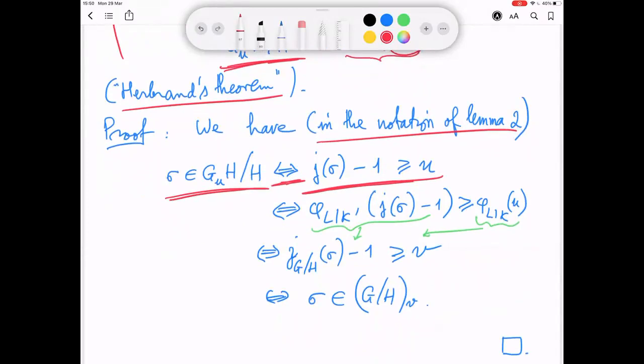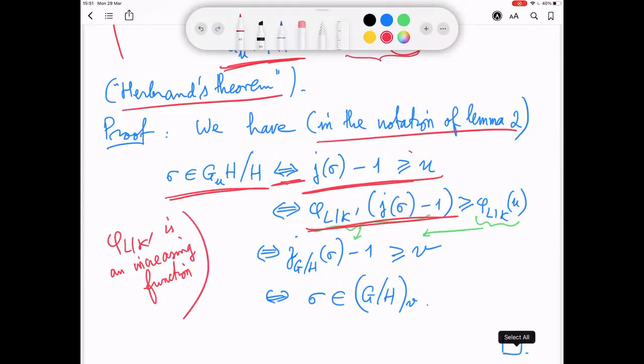Now, we have seen that, so this amounts to saying that, okay, now phi is an increasing function, right? Phi L over K' is an increasing function.